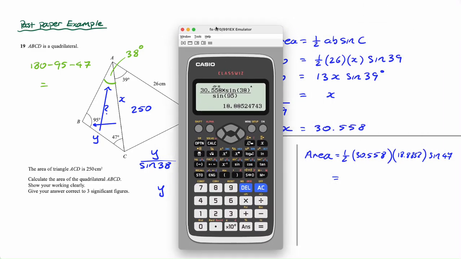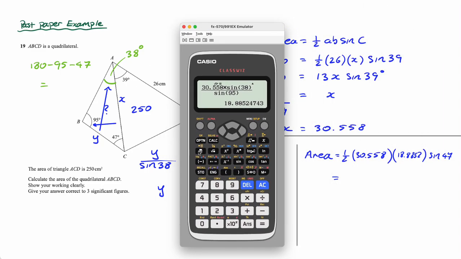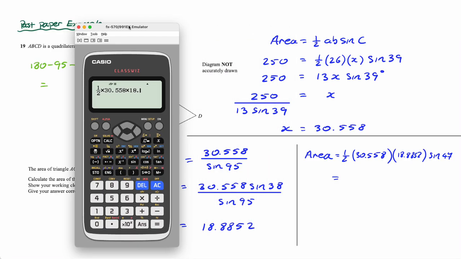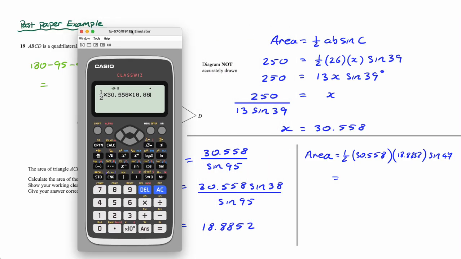Let's do this here. I have a half times 30.558 times 18.8852 times sine 47, which equals 211.03.